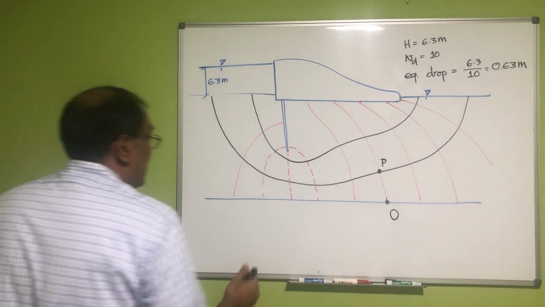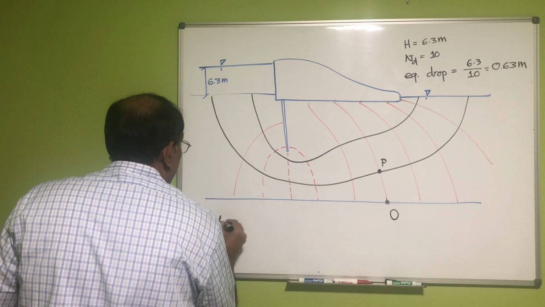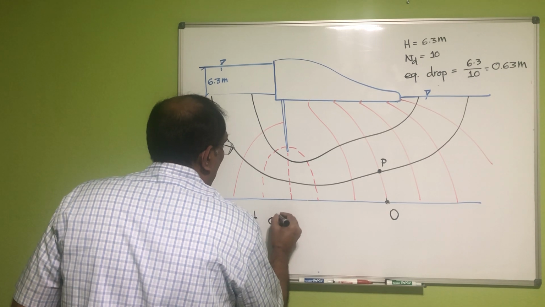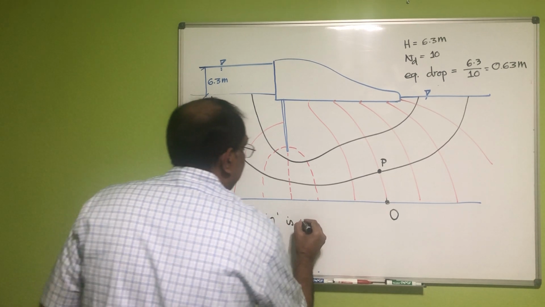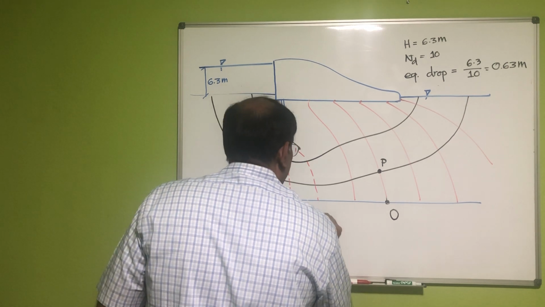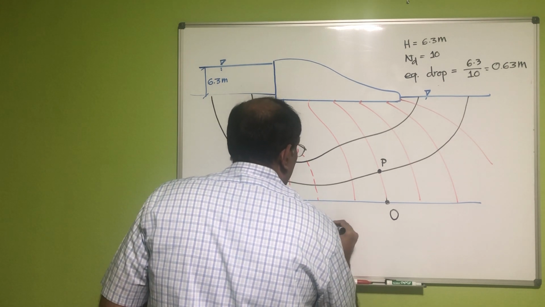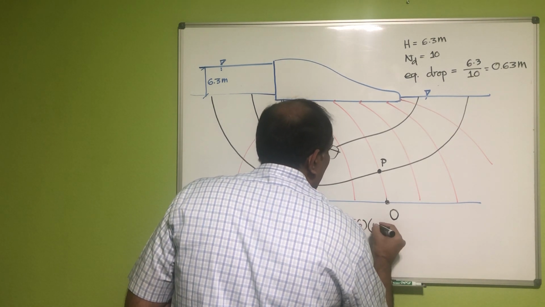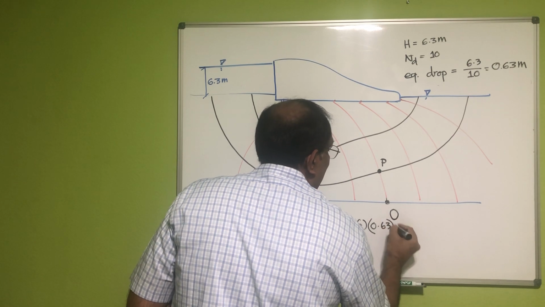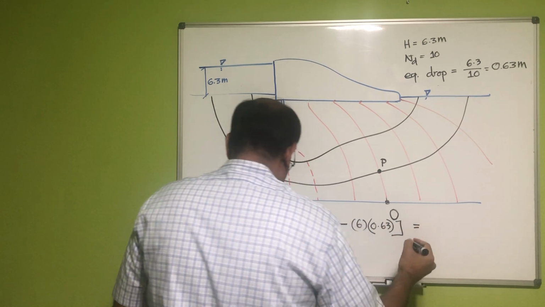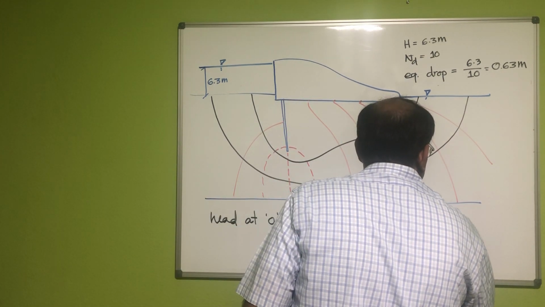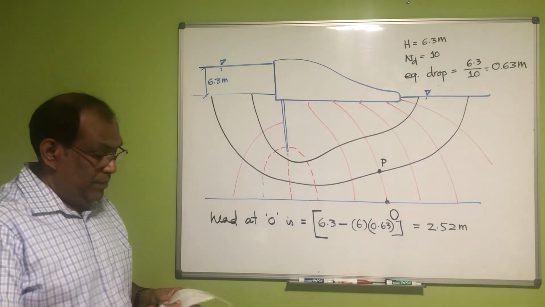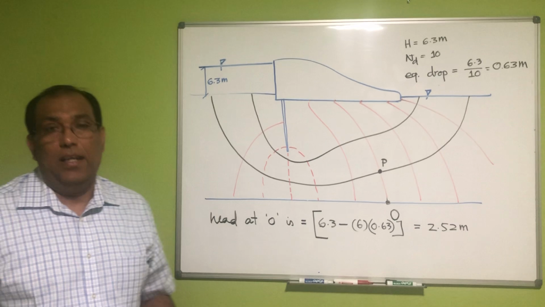So basically your head at O is equal to 6.3 minus 6 into 0.63, which is actually 2.52 meter. So the answer is actually B here.